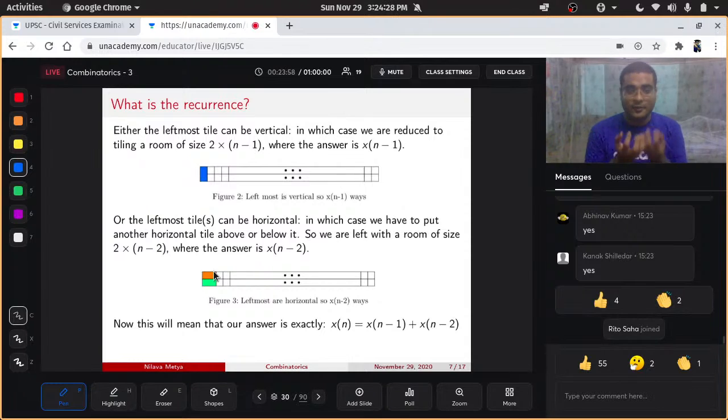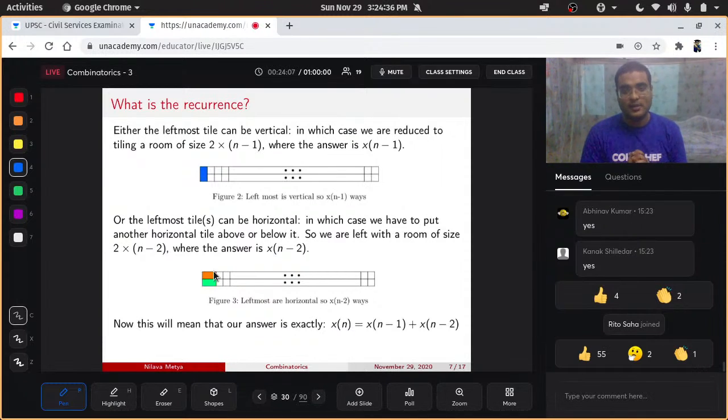There will be gaps in the room. So I'm left with a room of size n minus 2, in which case the answer is x of n minus 2, and I just add them because they are disjoint cases and they exhaust. Okay, and the base cases are x1 equals 1 and x2 equals 2.